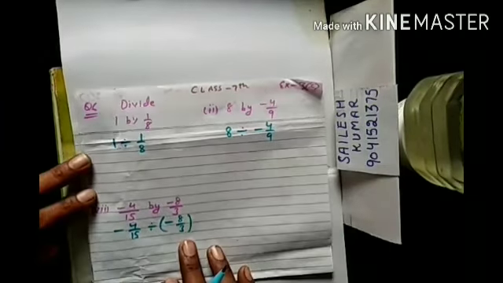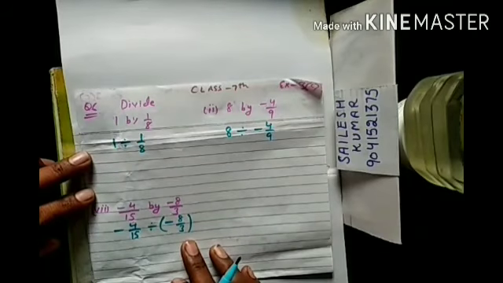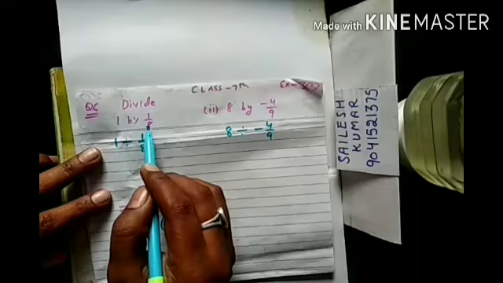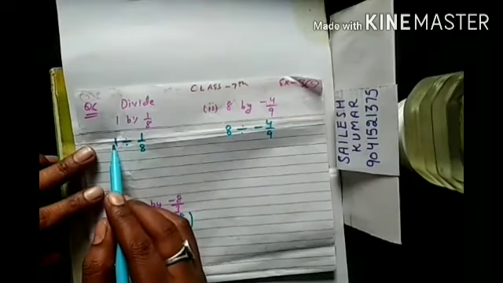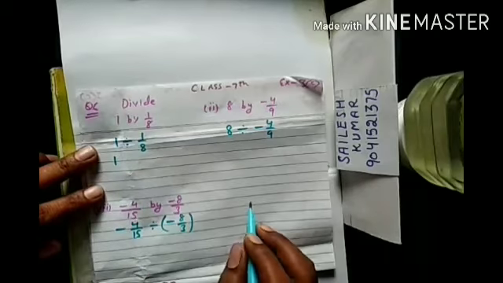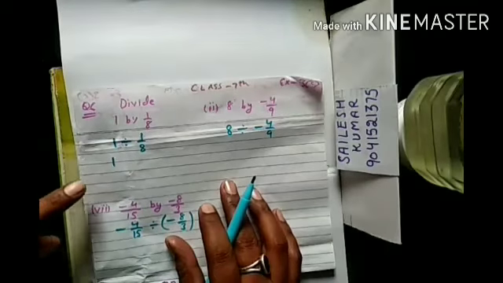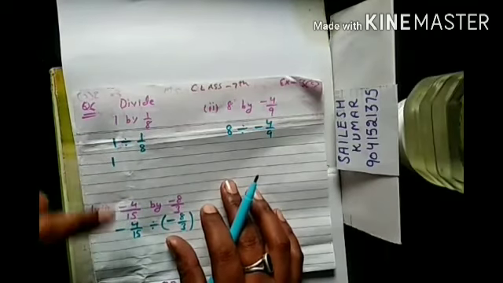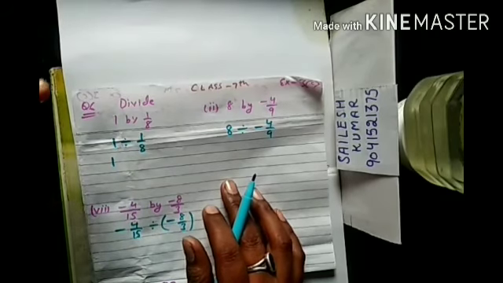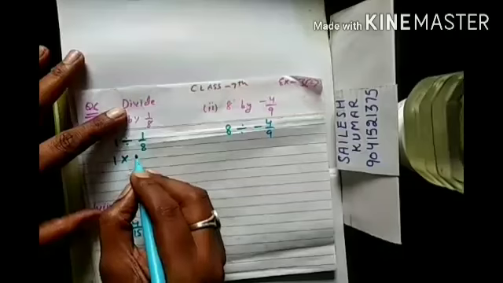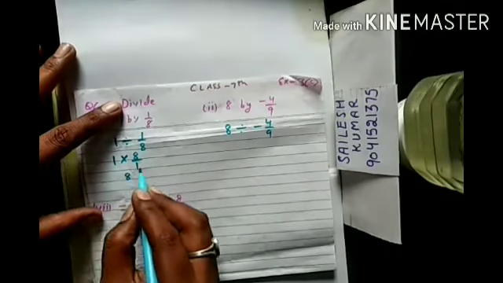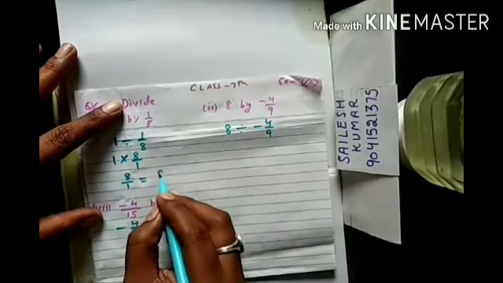Students, in this question we will learn the division of rational numbers. Here we have to divide 1 by 8. So we write 1 divided by 8. As we did with fractions, we will adopt the same method here. We will change the division symbol to the multiplication symbol and take the reciprocal of the rational number after it. So 1 multiply 8 is 8, and there is a denominator 1, so the answer is 8.